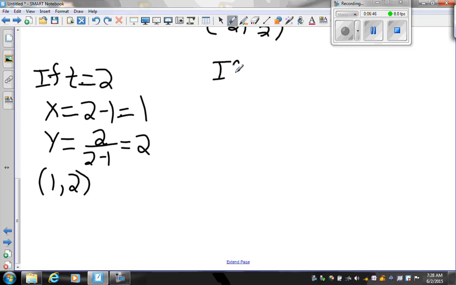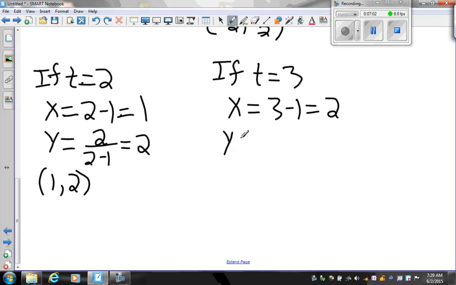If t is equal to 3, say, then x is equal to 3 minus 1, which is 2. Remember, our equation for x is x equals t minus 1. So if t is 3, we get 3 minus 1. y is equal to 3 divided by 3 minus 1, which is 3/2.